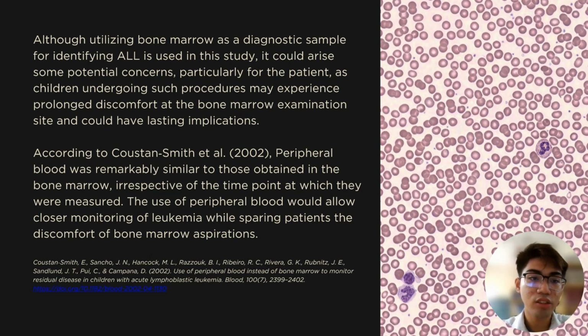From the study of the researcher Costan Smith and colleagues in 2002, peripheral blood results were remarkably similar to those obtained in the bone marrow, irrespective of the time point at which they were measured. The use of peripheral blood would allow closer monitoring of leukemia while sparing patients the discomfort of bone marrow aspirations.